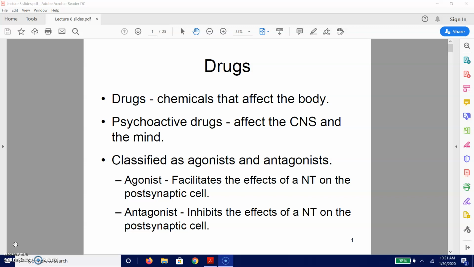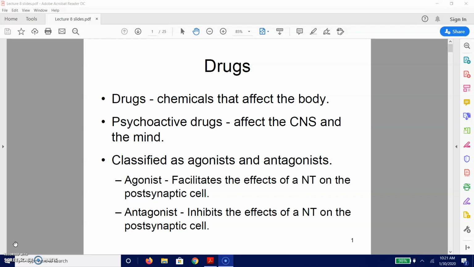Now, for your essay question, one of them, you need to be able to understand what an agonist is, and you need to be able to understand what an antagonist is. In general, an agonist is anything that facilitates or enhances the effect of a neurotransmitter on the postsynaptic cell.